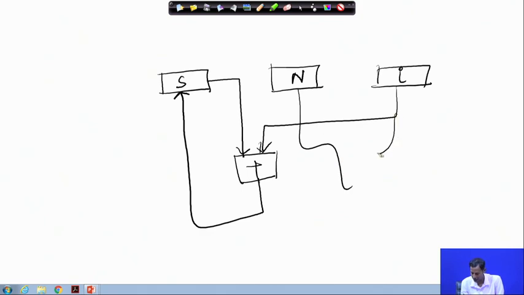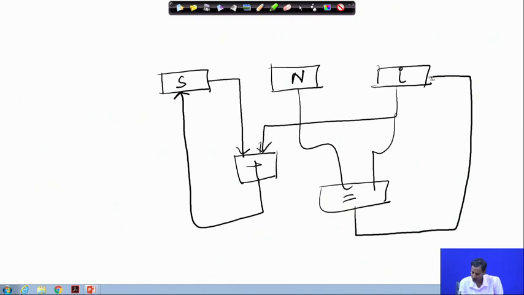And I need one circuit where I compare whether N and I are both the same. If it is the same, at that time it will go here and stop the corresponding counting. This is nothing but a counter.